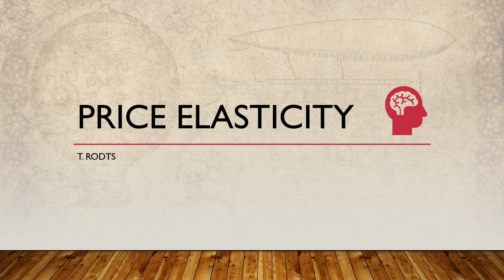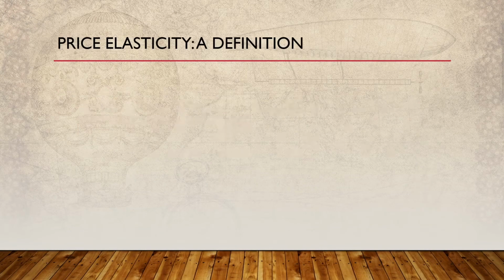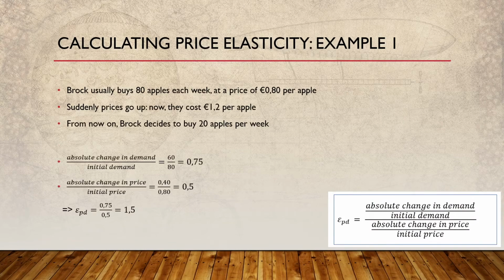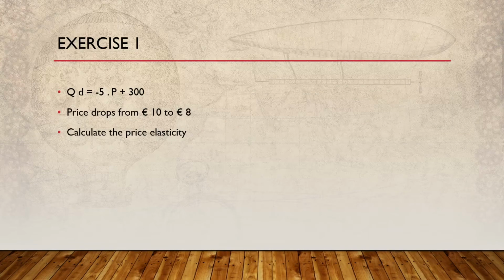Okay, I will immediately go to the exercise itself. So I have to skip these slides first, of course. Here we are. So exercise 1. The only thing we get is a demand curve which goes like this: minus 5 times p plus 300 will give us a certain demand curve.